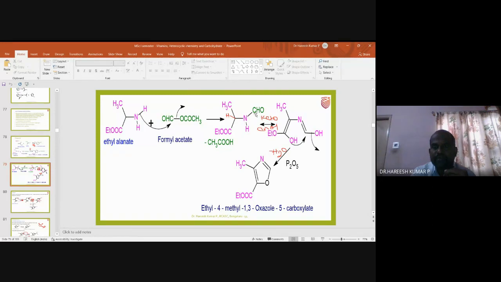The obtained N-formyl will be in equilibrium with the enol form. So this bond pair will come over here, and this oxygen picks up this proton. That is the reason the double bond N, OH is formed. Similarly, this bond pair is coming over here, and this oxygen picks up this proton.